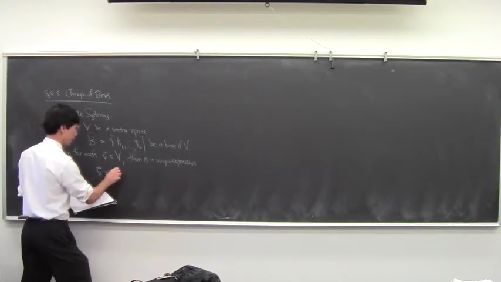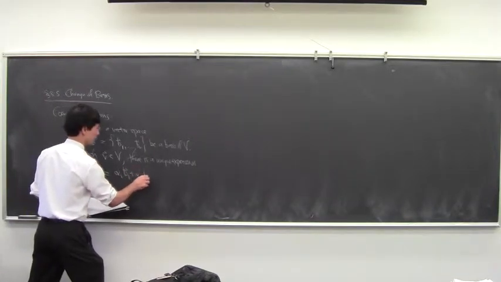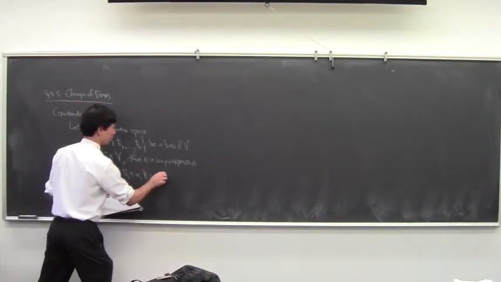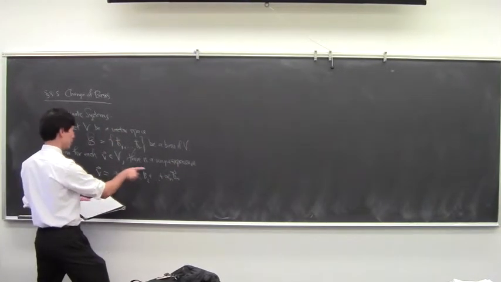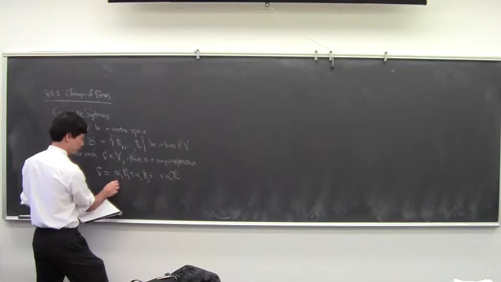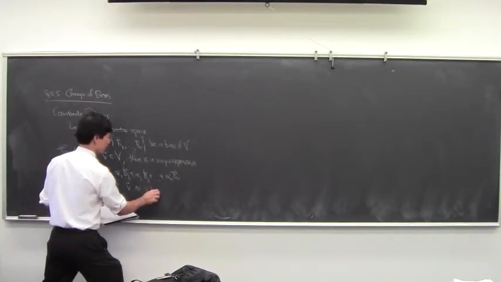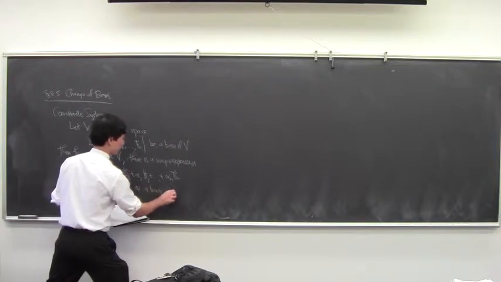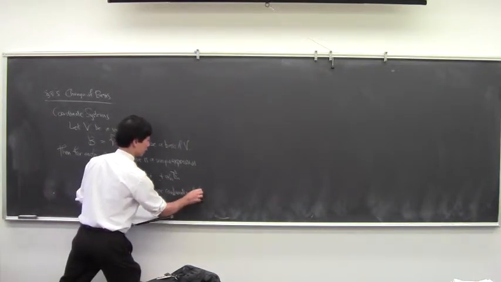V is going to be alpha 1 B1 plus alpha 2 B2 plus alpha n Bn.